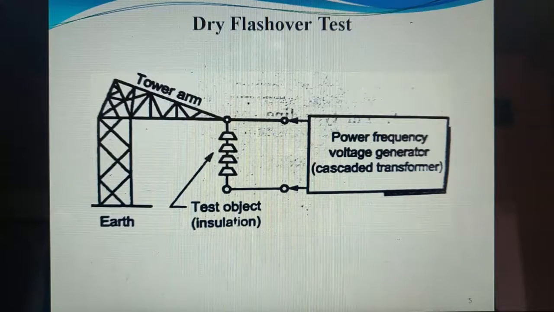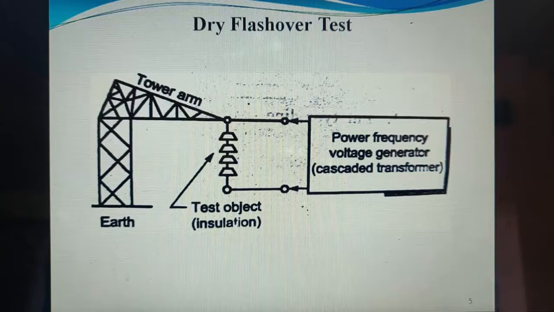If 5 consecutive waves do not cause flashover or puncture of the insulator, it is said to have passed the impulse withstand test. You apply this wave 5 times on the insulator, and if it withstands the voltage without flashover or puncture, the insulator is said to pass.